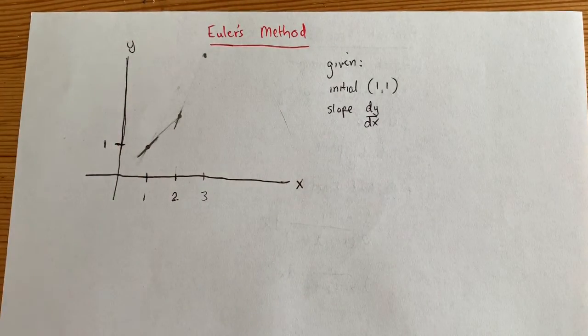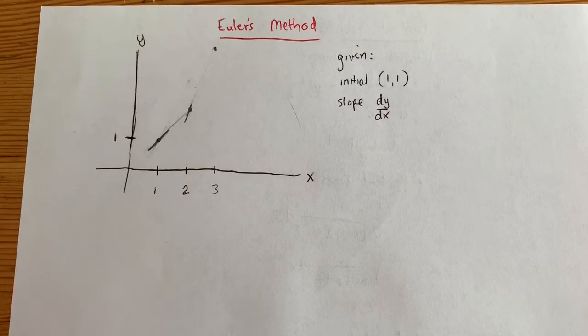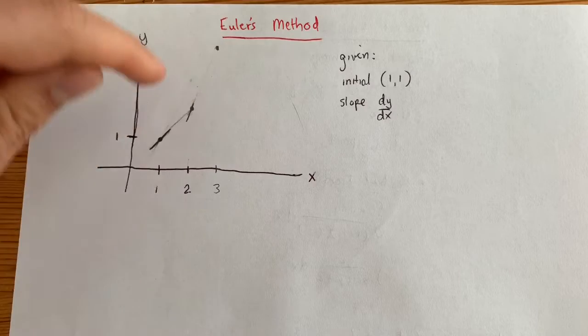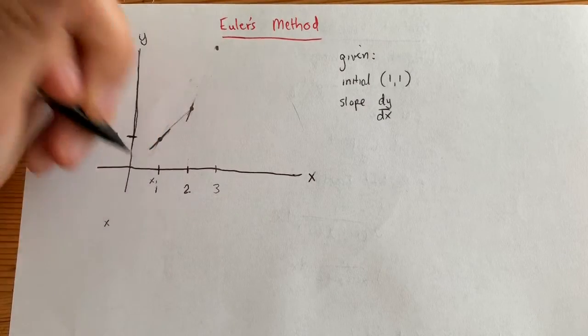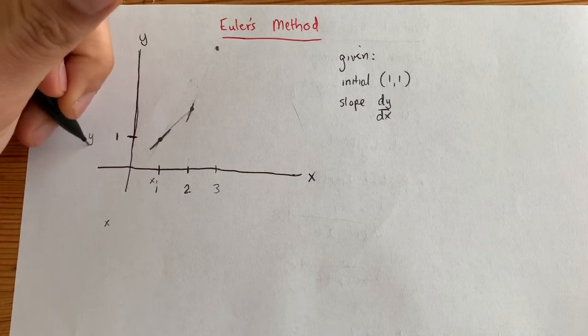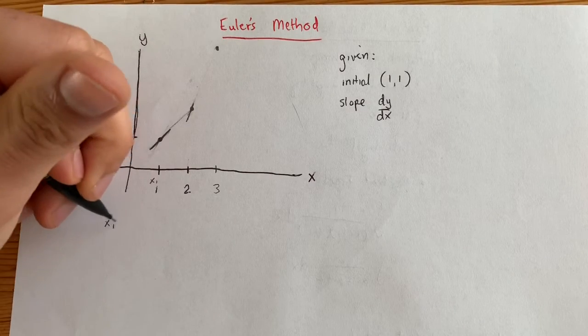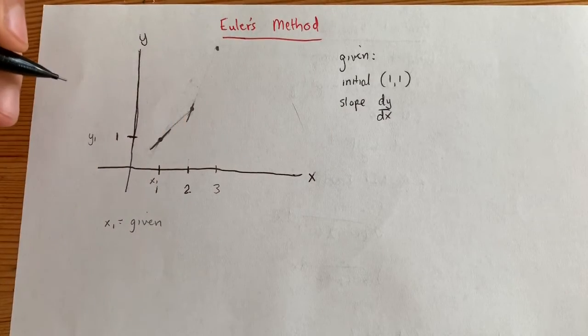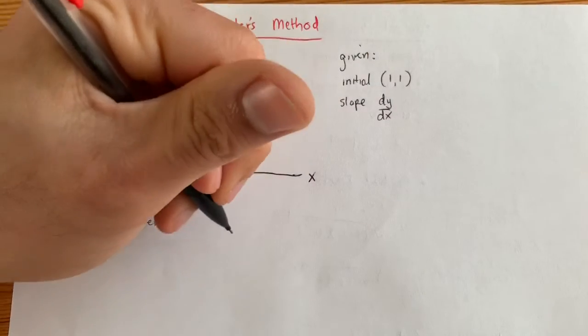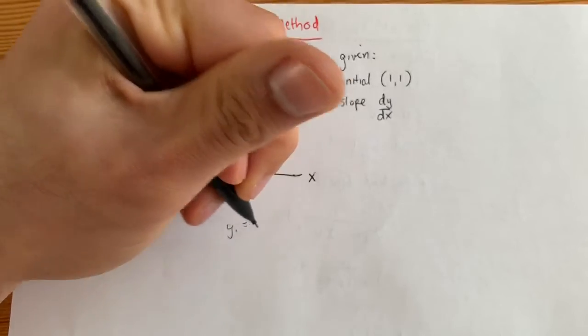But that's the idea. So here's how his method works. We start with an original x1 value right here and an original y1 value right here. Those values were just given to us, the initial (1, 1).